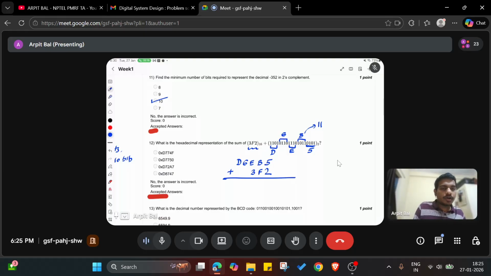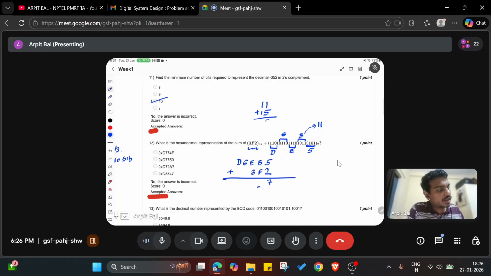The rule that we follow is, whenever there is a carry, we carry 1 to the next place, and the remaining goes to this position. Let us see how to do this. 5 plus 2 is 7, and 7 in hexadecimal is also 7. Then B plus F. So what is B plus F? B was 11 plus F was 15, right?